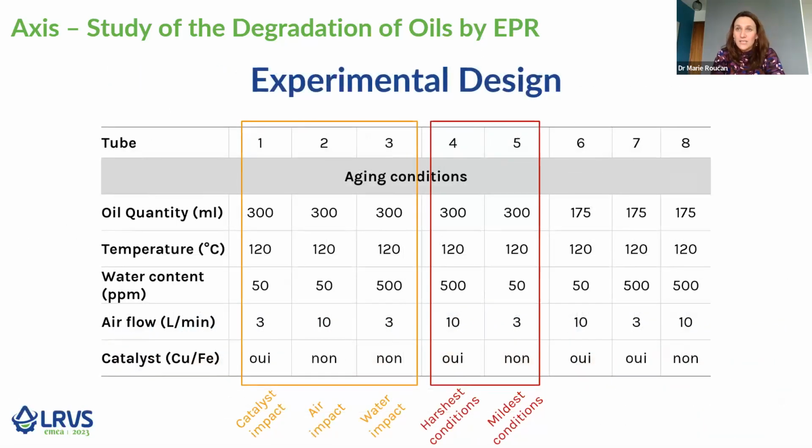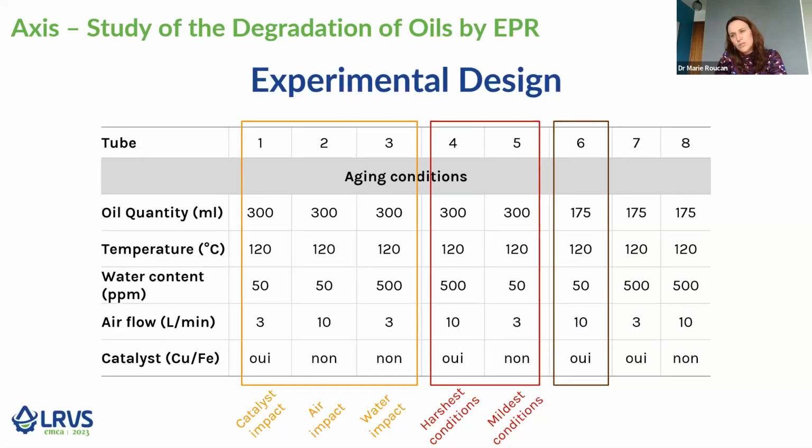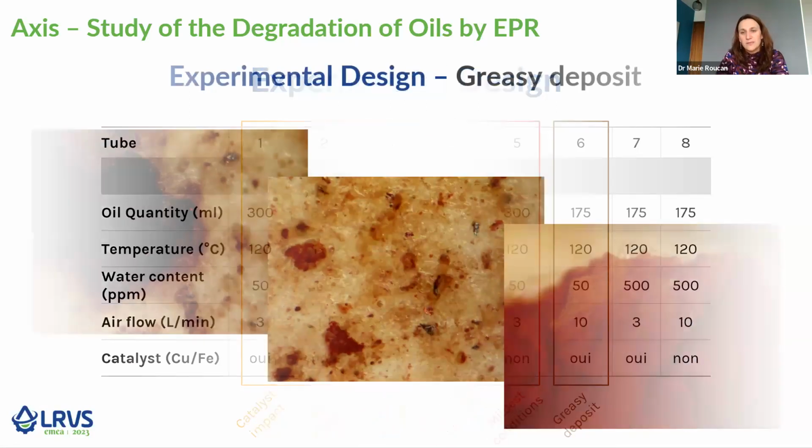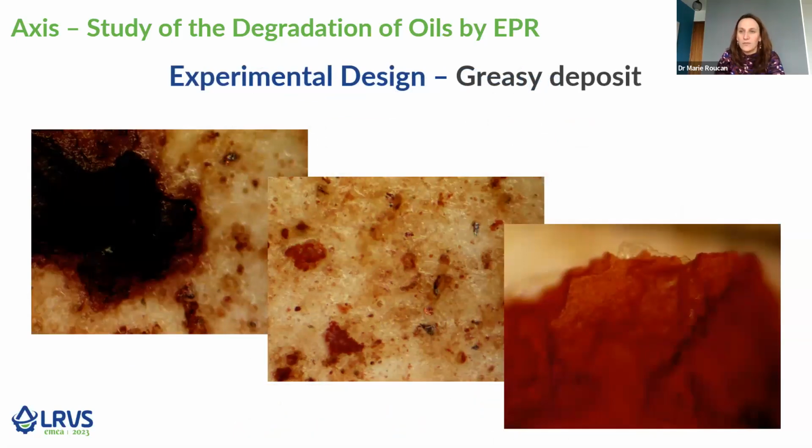In this aging experimental design, we also saw that tube 6 and the condition we used for this one gave us greasy deposits, which was very interesting because we kind of formed a slight varnish deposit. Here are pictures of the APH and CPA membrane, and you can see this greasy kind of deposit and gel. So that's nice because we were able to actually keep it and analyze it as well and see what it looks like.